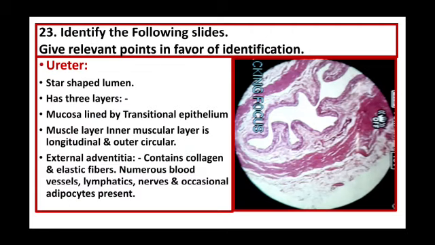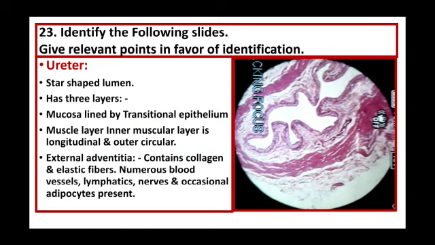So the given section is that of ureter. It contains a star-shaped lumen. It is made up of three layers: the mucosa, muscular layer, and the adventitia. The mucosa is lined by transitional epithelium.